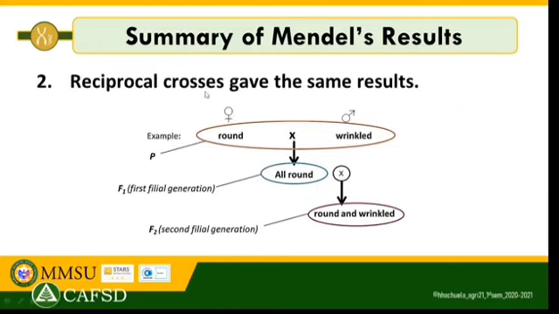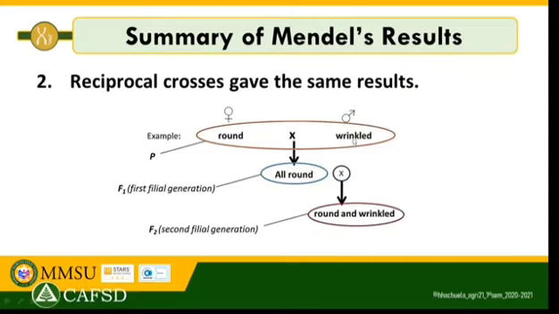Okay? Second, reciprocal crosses give the same results. What this means, say for example, we have the first cross, round and wrinkled. So in the first cross, the round is female and the wrinkled is male. And then the progeny are all round. And then we conducted another cross.